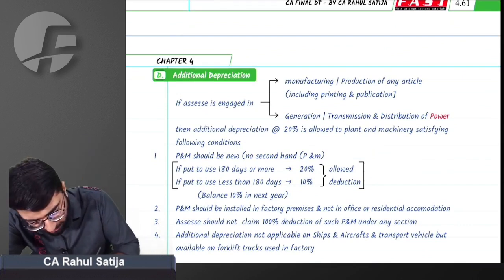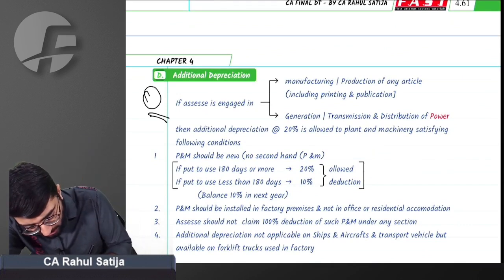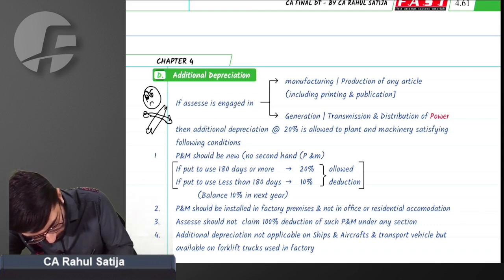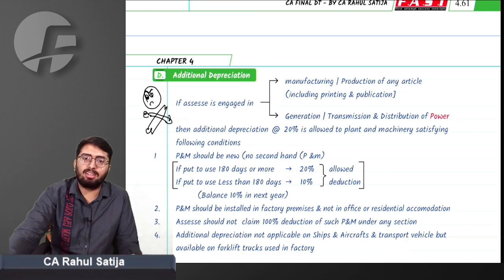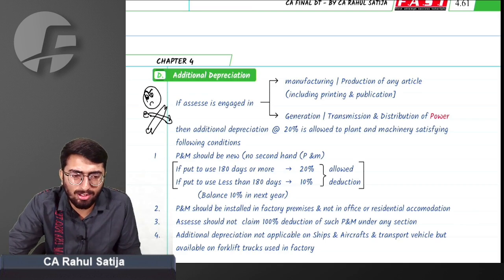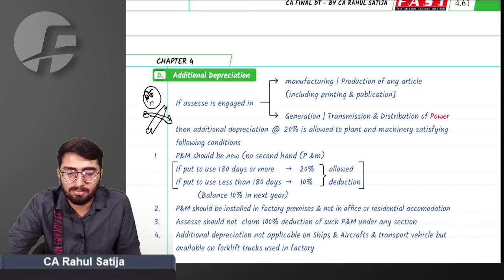Really, really very important. I want you all to draw a skull here. A danger skull, a danger indicating skull, an angry skull. Because most of the times when you see this topic, additional depreciation, you tend to forget what we have studied.